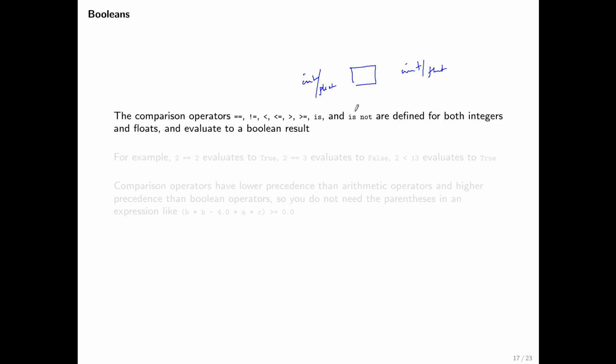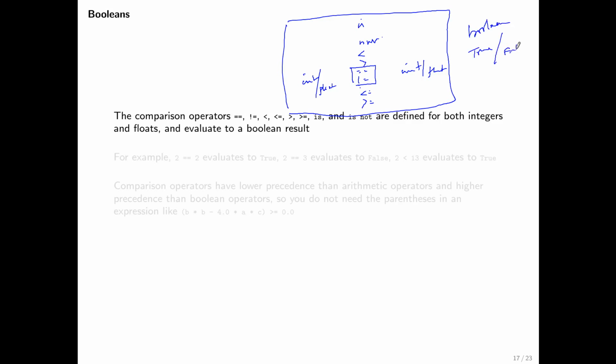And here you can put any one of these guys, so equals equals, not equals, less than, greater than, less than or equal to, greater than or equal to, is not. Now the whole thing, this is interesting, is an expression whose type is Boolean, meaning it has a value that is true or false.